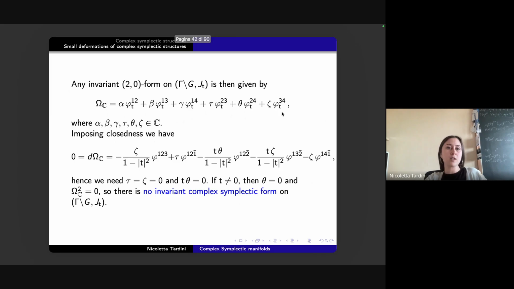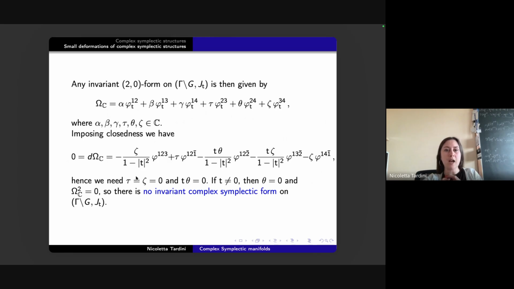So we impose closedness. We compute the differential of omega, and we impose that this is closed. It's a direct computation. And what you get is that zeta has to be 0, tau has to be 0, and t theta has to be 0. Okay, so they vanish. So if t is non-zero, so we are not in the central fiber, then theta has to be 0.